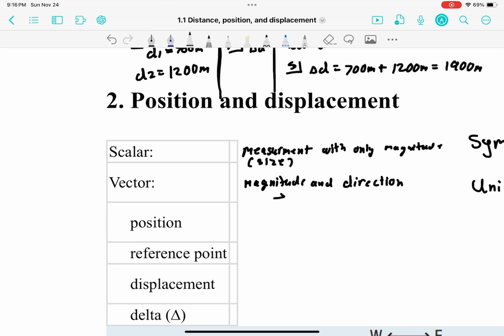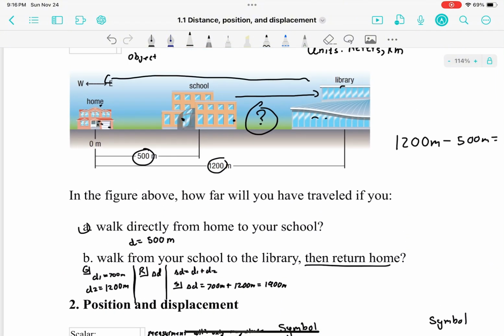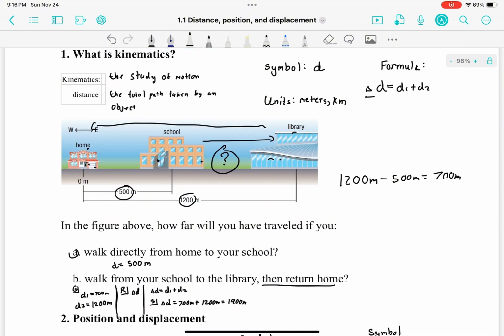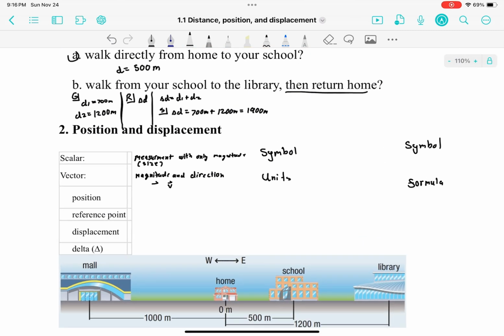So if you ever see something like this, we know that is going to be a vector, not a scalar. And because we look up here on our distance, there were no vectors on here because we weren't taking into account direction. We were only looking at magnitude.